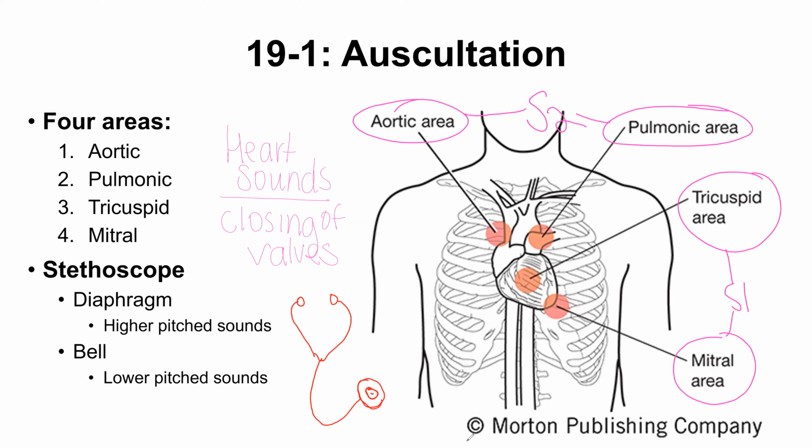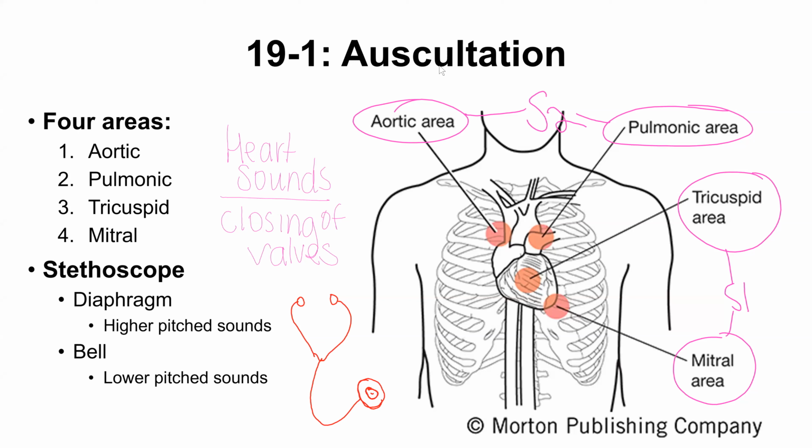These 2 different circles can be used to listen to either high-pitched or lower-pitched sounds. The bell, used to hear lower-pitched sounds, is the smaller piece in the middle that's raised up off of the larger diaphragm, which is used to hear higher-pitched sounds.